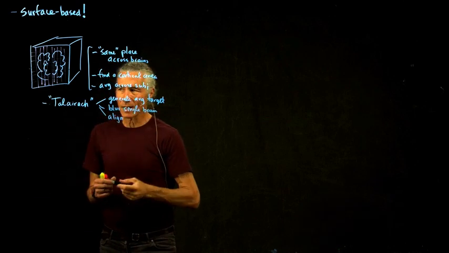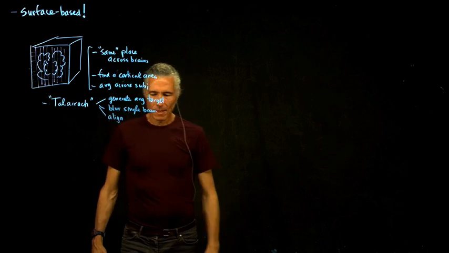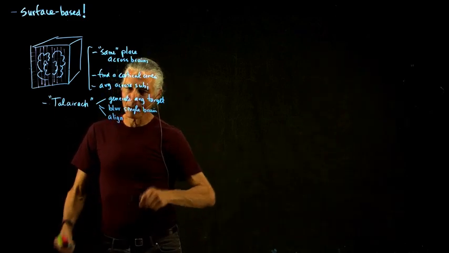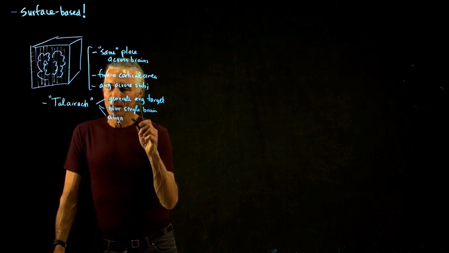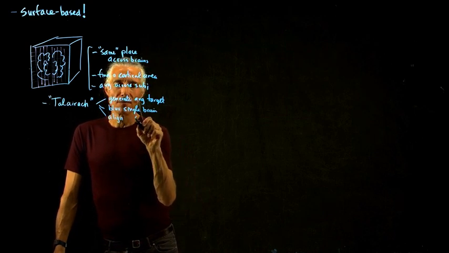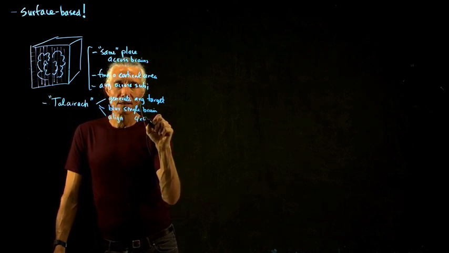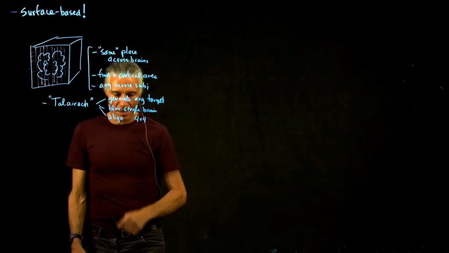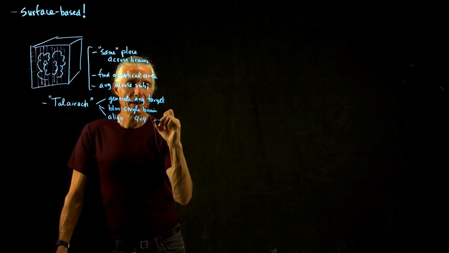There are all different kinds of ways of aligning brains to each other. Some of them just use a 4x4 matrix, and we could call that an affine transformation.